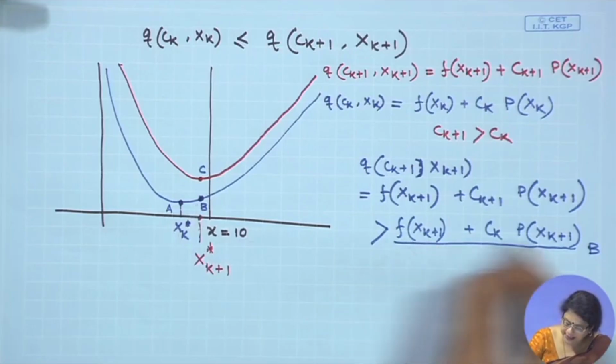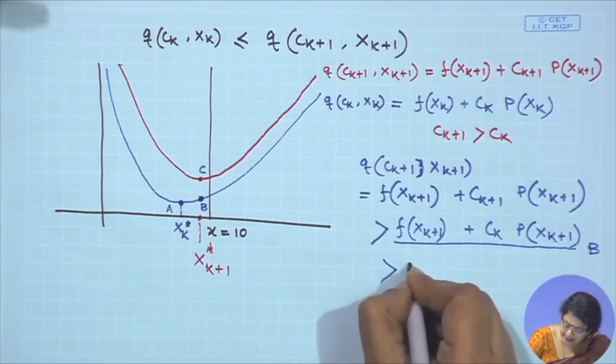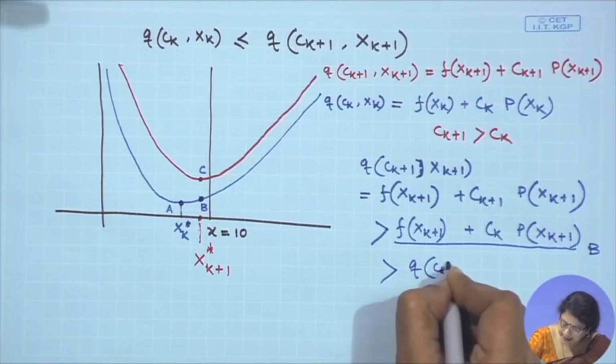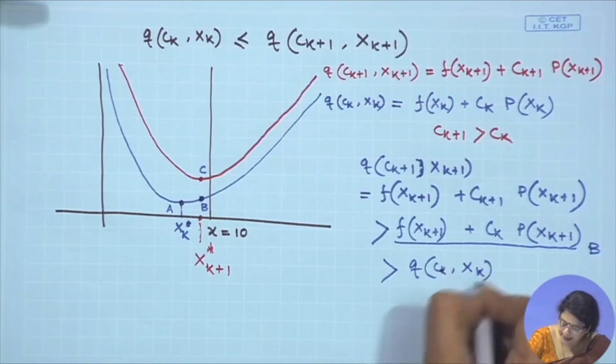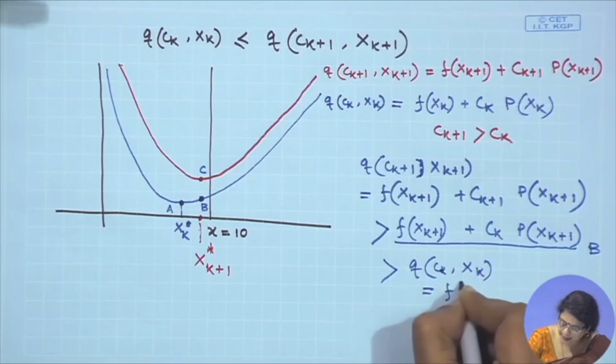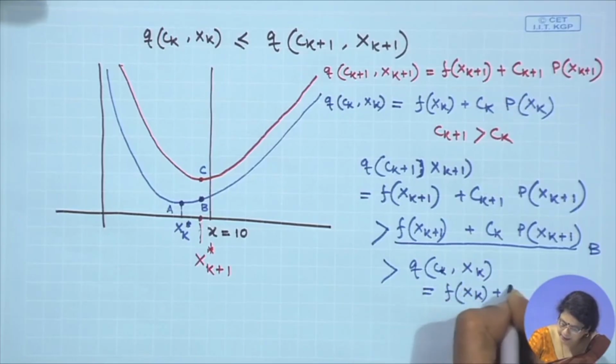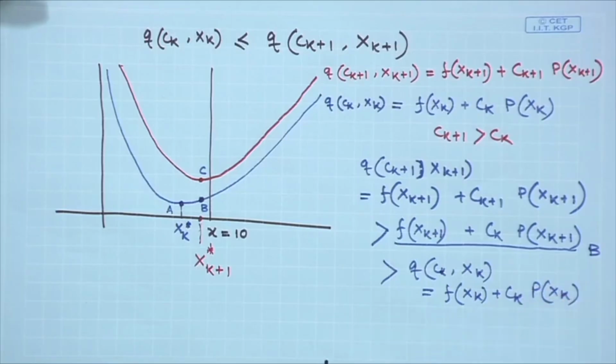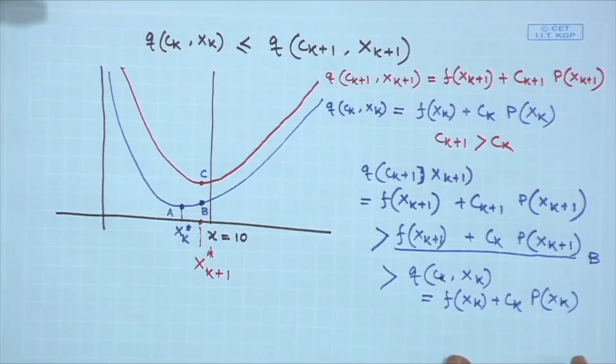That is why we can say this is greater than Q, C_k x_k, that is equal to f(x_k) plus c_k p(x_k). Okay? Then it is proved.